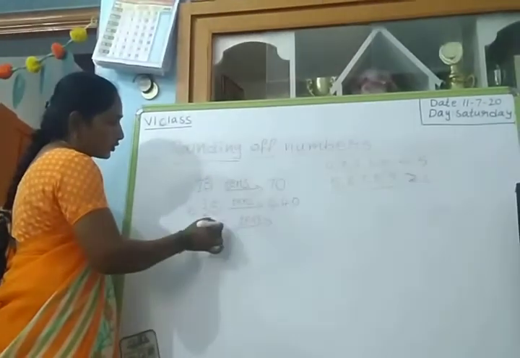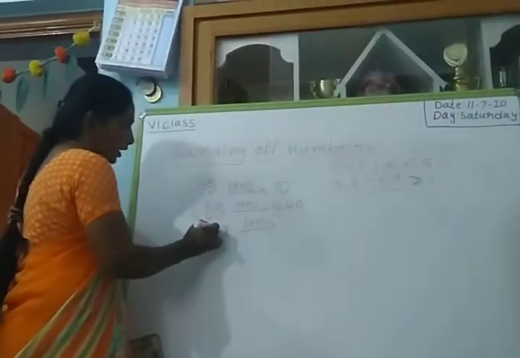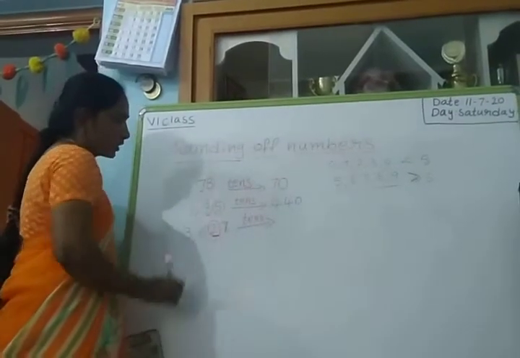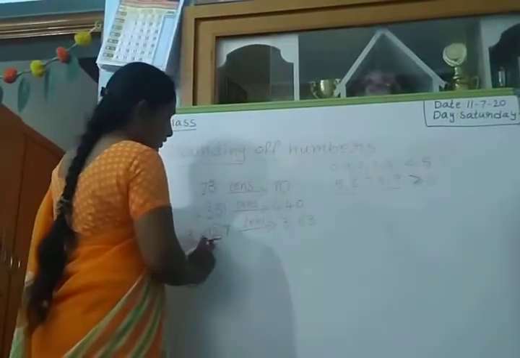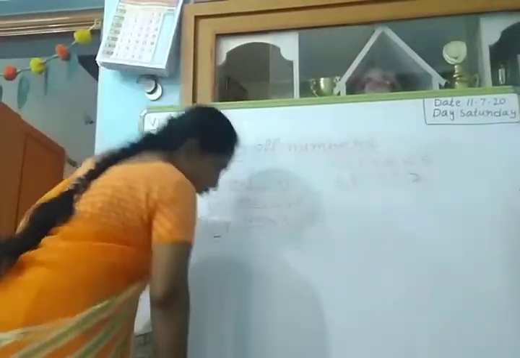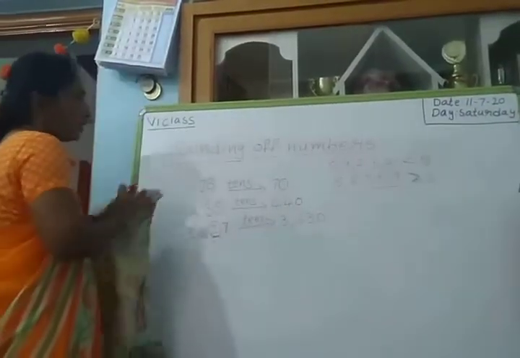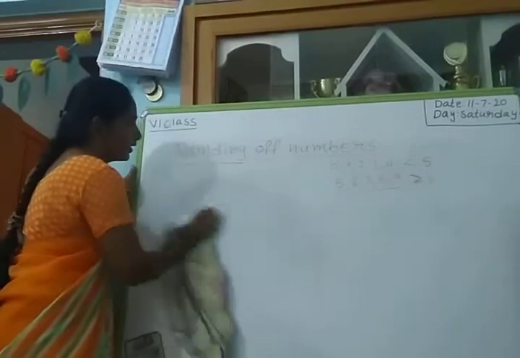Then which one do we have to see? The ones digit, 7. 7 is greater than 5, so we add 2 plus 1. What do you get? 3630. So like this we round off the tens place. In the same way we can go for hundreds also.